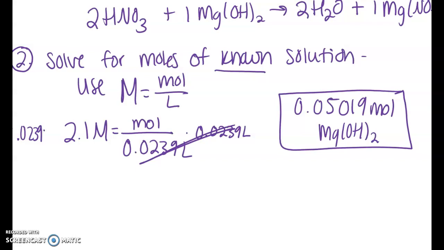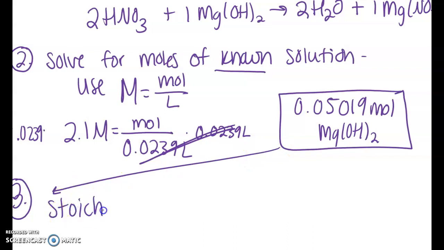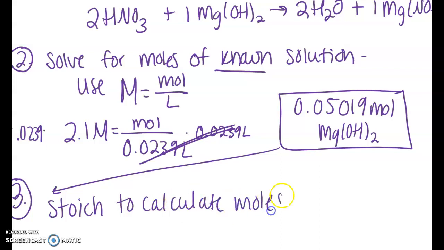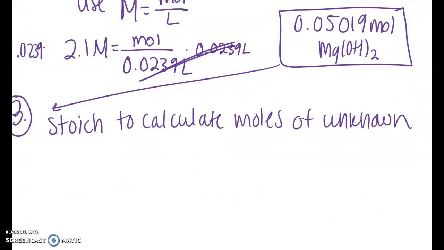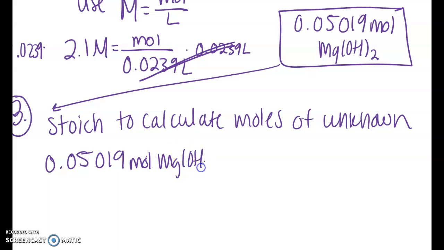Well, in order to solve for molarity of the acid, I need to know how many moles of acid reacted. So my next step, I'm going to do a little bit of stoich to solve for moles of acid. So now I'm going to use my starting amount. I'm going to stoich to calculate moles of my unknown, which is my acid. So I'm going to take 0.05019 moles of Mg(OH)2, and I'm going to set up a stoich problem.